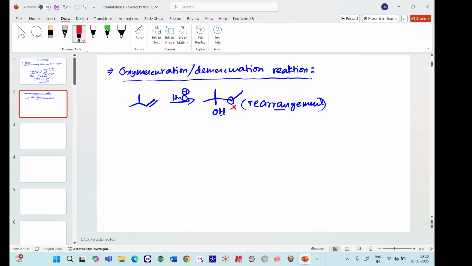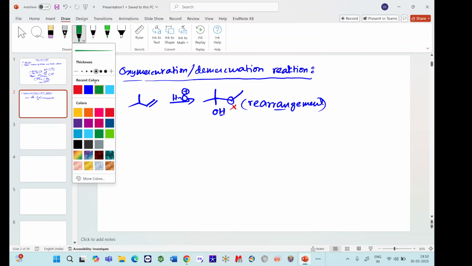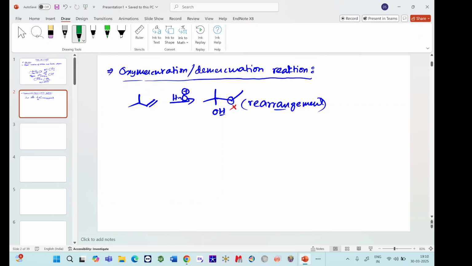But if you use another way, if you use mercuric acetate in step 1, and then in step 2 you use NaBH4 as a reducing agent, what you end up with is this.